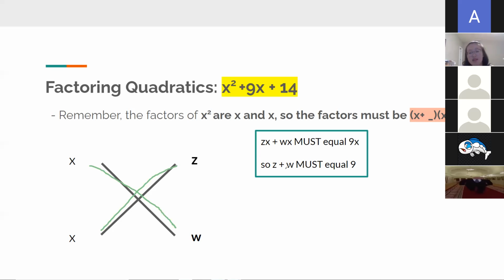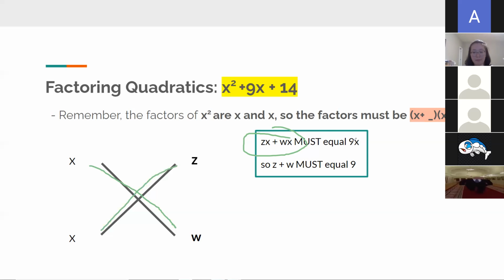And then z plus w must equal 9 because of what we got here. Does that make sense, or should I go in depth with that? Does everybody understand how I got zx plus wx must equal 9x?